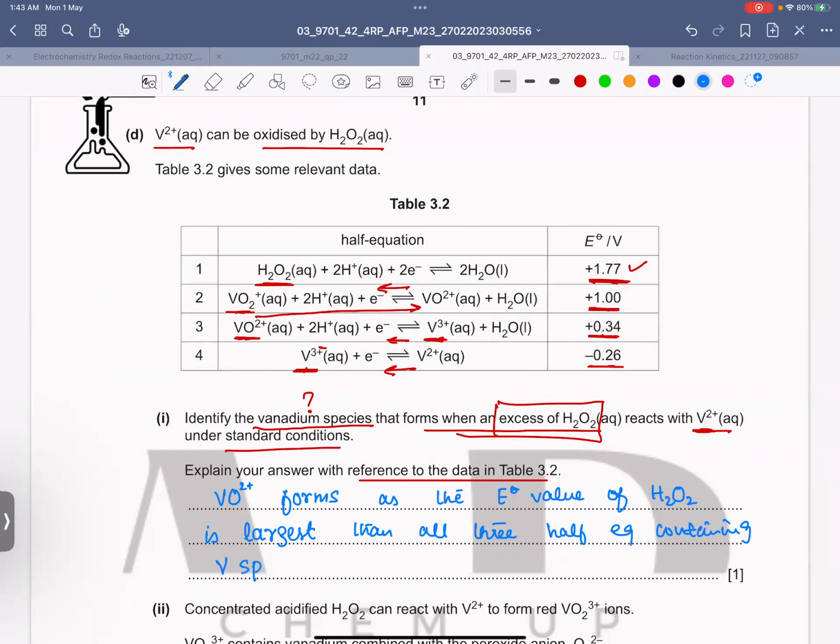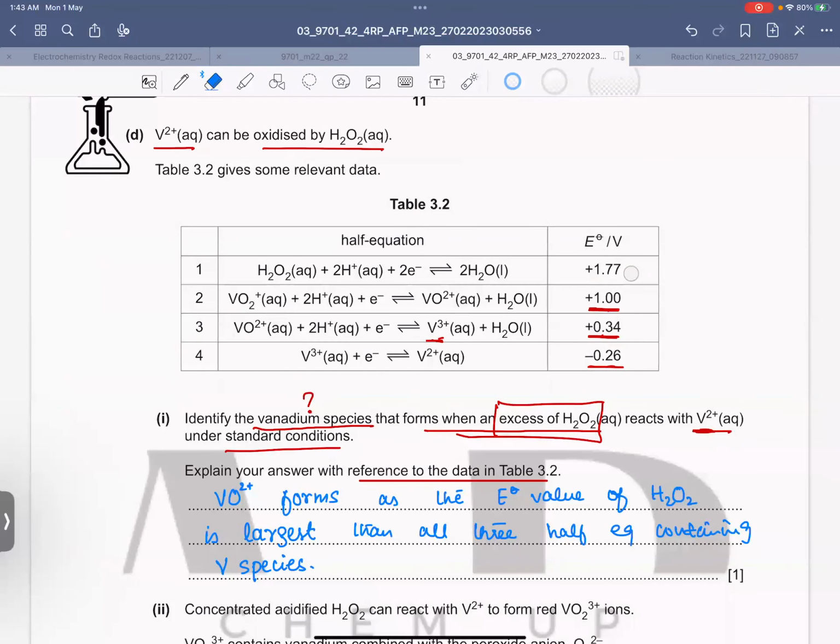Okay. How many of you didn't understand this? Yes. How many of you didn't understand this?